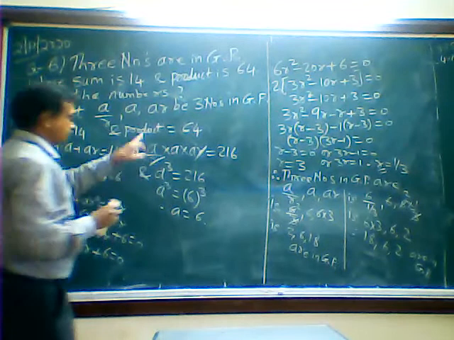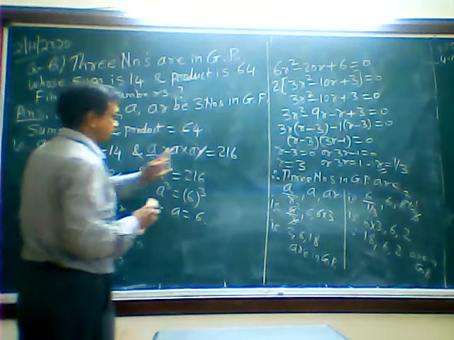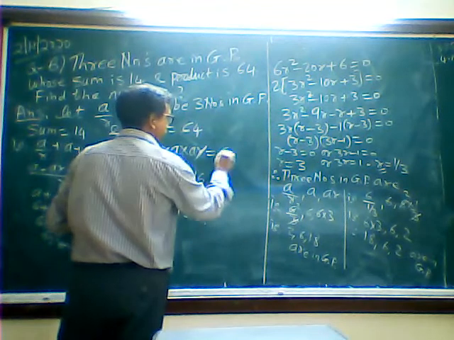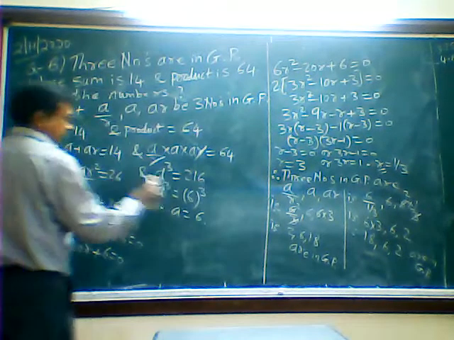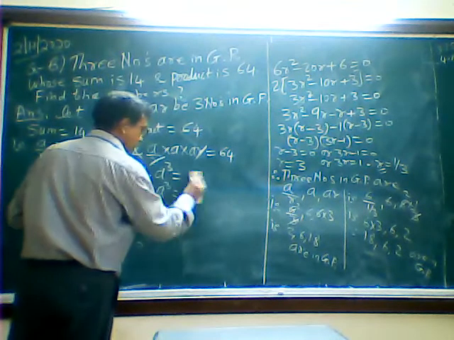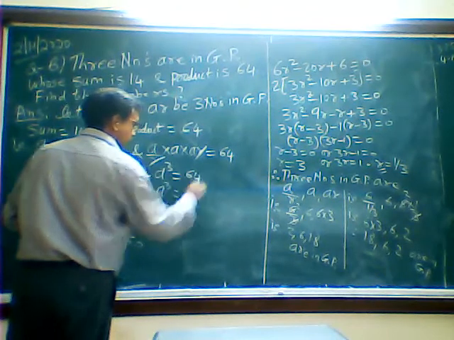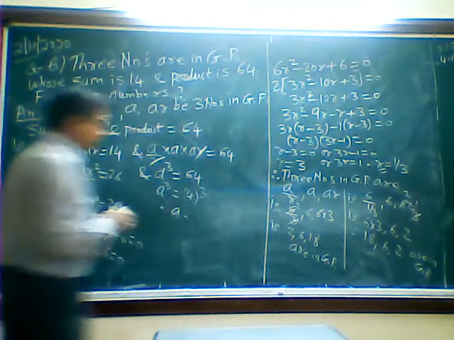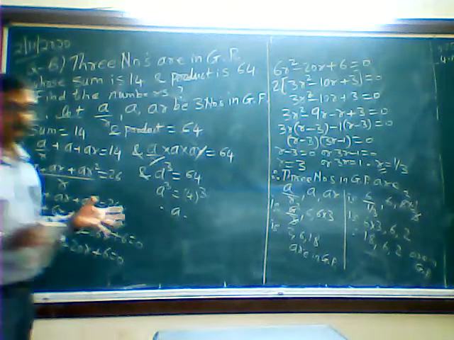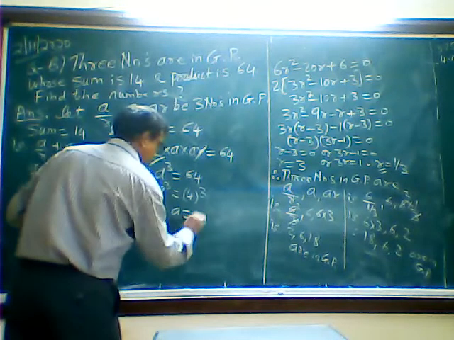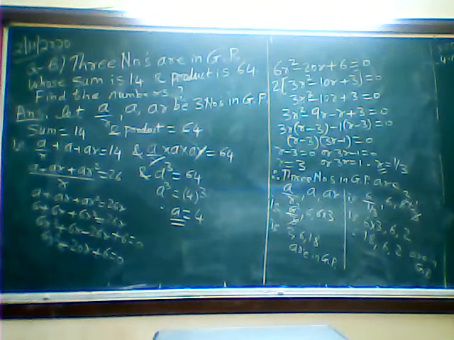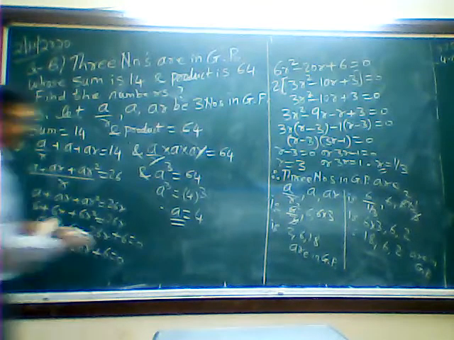Then the product, a upon r into a into ar, r cancels, is equal to 64. So a cube is equal to 64. So it will be 4 cube. 4 into 4 is 16, 16 fours are 64. Therefore a will be 4.